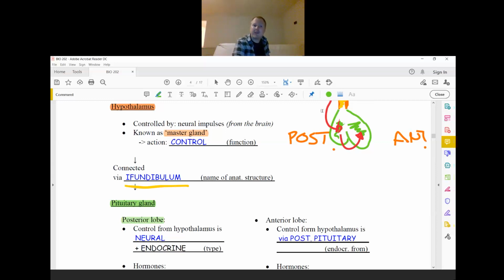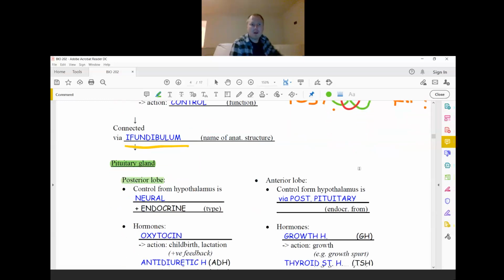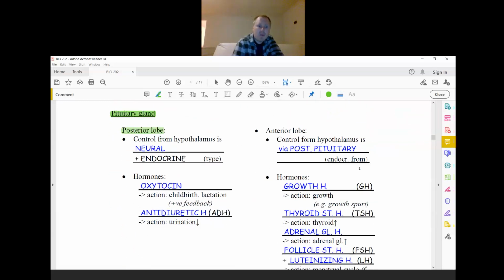So they can be hormonal signals that travel only this short distance from the hypothalamus to the posterior lobe of the pituitary. But the two hormones that I want us to focus on in terms of the posterior lobe are going to be oxytocin and ADH. And ADH stands for antidiuretic hormone. So we'll talk about that in a second.